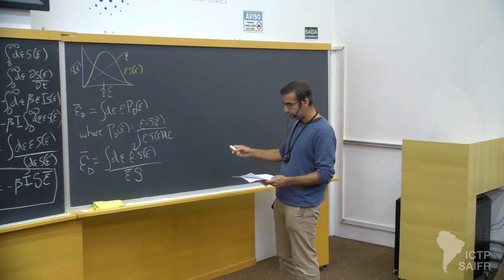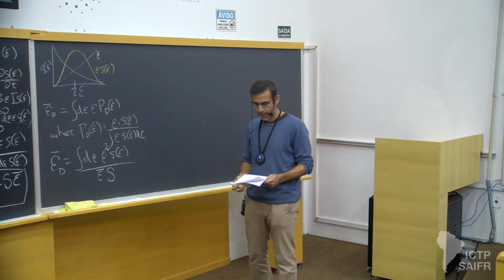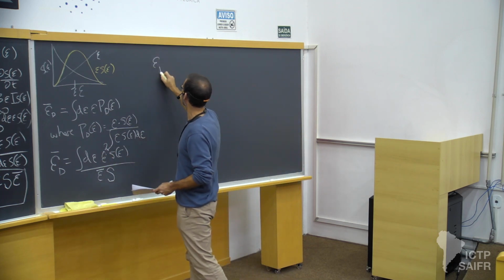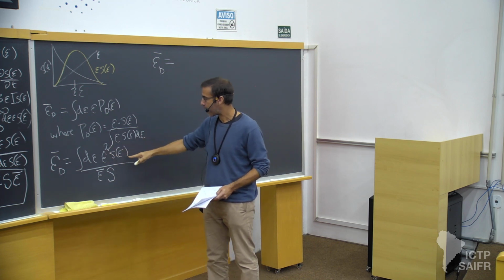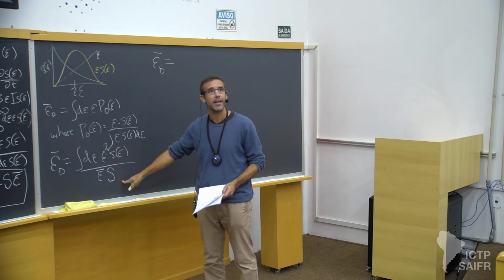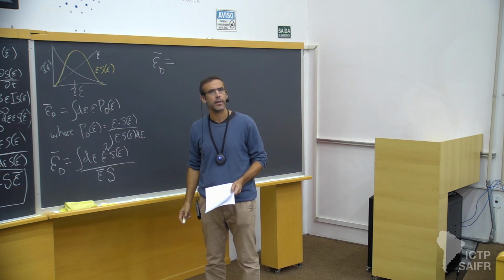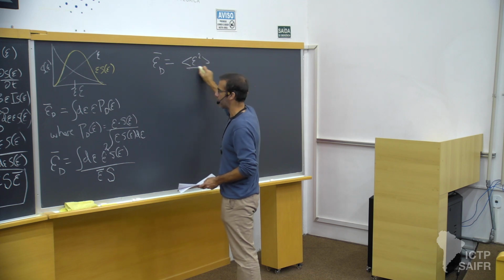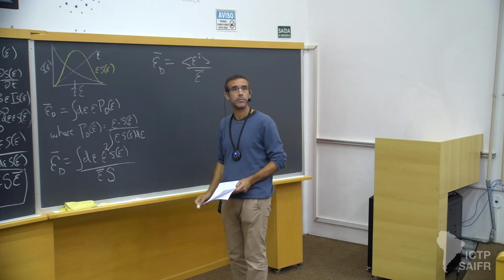Okay, in this case then, the average susceptibility when I draw the next one can be written as this integral of epsilon squared s of epsilon divided by s, which is nothing else than the average value of epsilon squared divided by the mean value of epsilon.